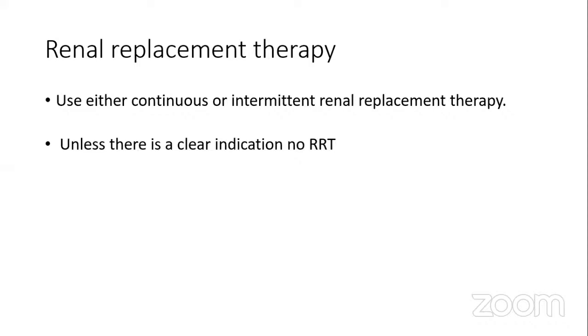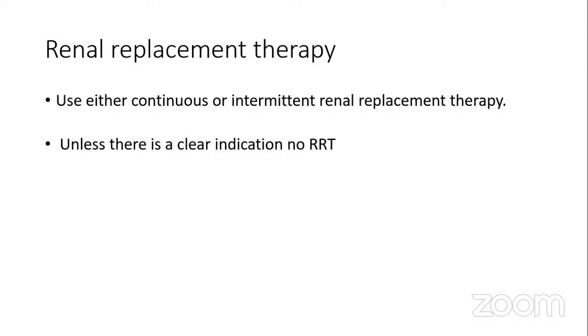Acute kidney injury is also common. It's not always, but a large proportion of patients with septic shock will end up with acute kidney injury. The benefits of initiating renal replacement therapy are only preserved for those people who have an indication for dialysis: fluid overload, refractory metabolic acidosis, refractory hyperkalemia.